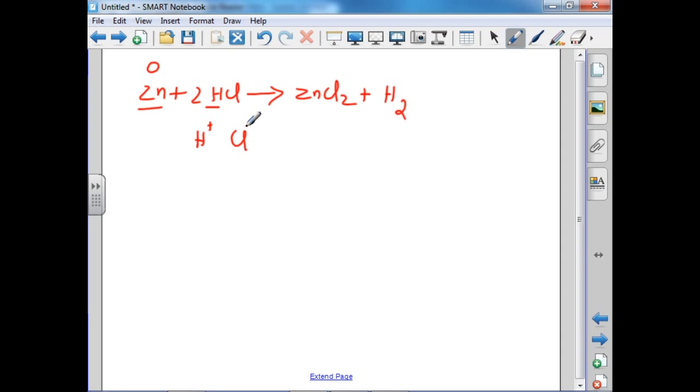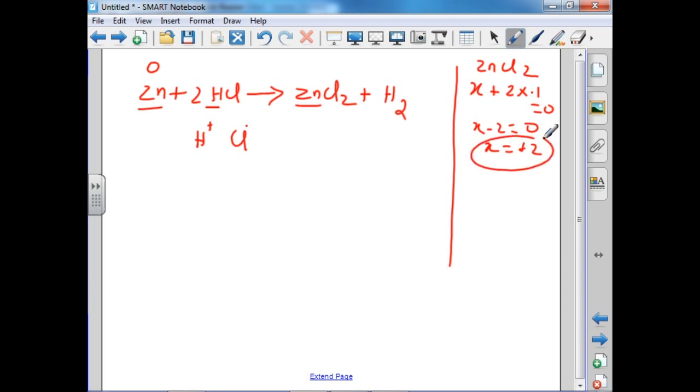The oxidation state of zinc in ZnCl2. So let X be the zinc: X plus 2 into minus 1 equals 0, X minus 2 equals 0, X equals plus 2. And then hydrogen is in elementary state, so 0.